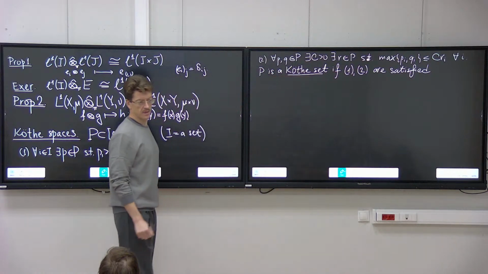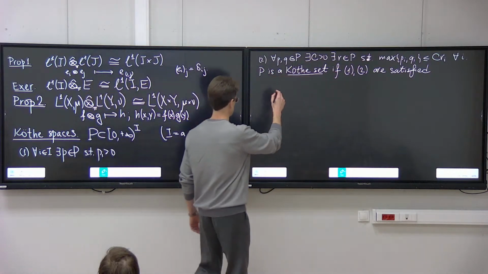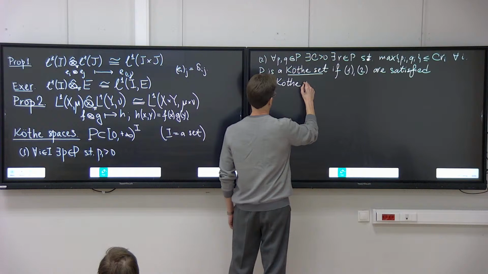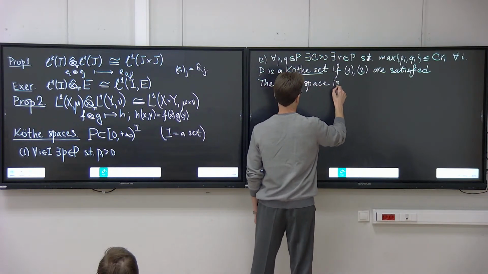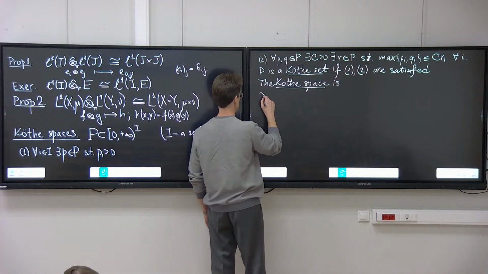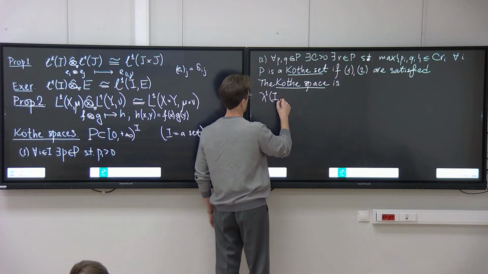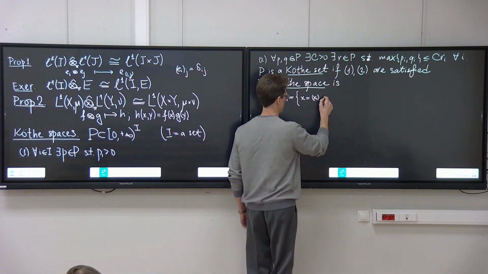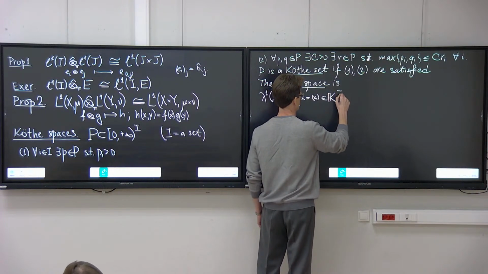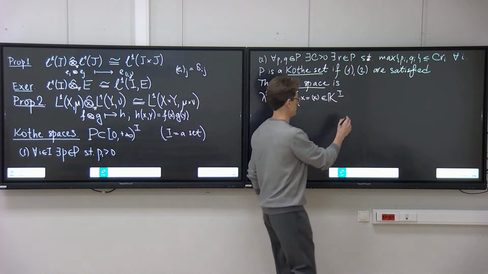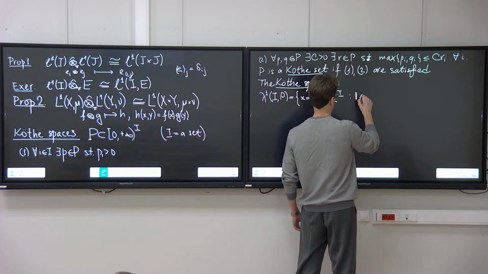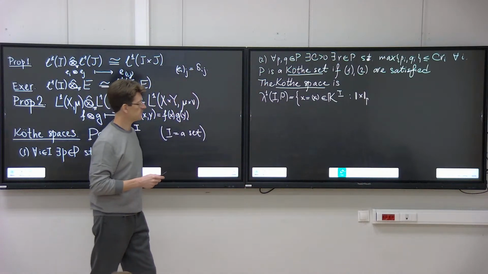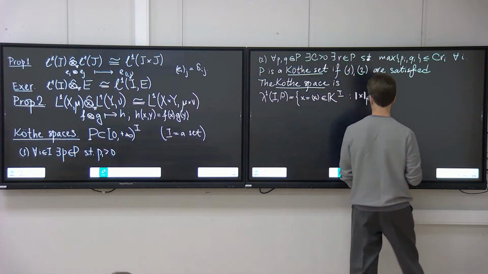And given the Köthe set P, we define the so-called Köthe space as follows. It is denoted by lambda_1(I, P), and it consists of all sequences, or more precisely elements in the space of functions from I to K, such that for every little p from our Köthe set, the pointwise product of x and p sits in l1.